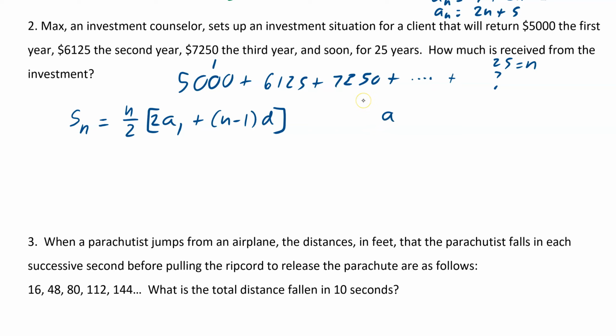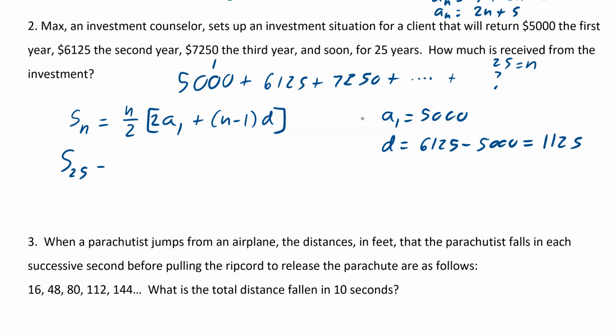So remember, a sub 1 is our first term. Our difference is you subtract 2 of the terms. So that would give us 1,125. And now we know our slope. So from 5,000, we're going to increase by 1,125 every single year. So we plug that in, 25 years of this.